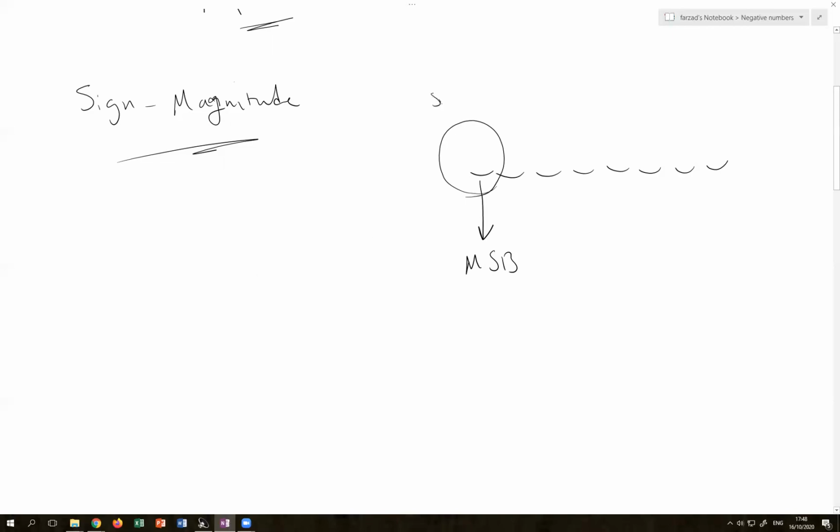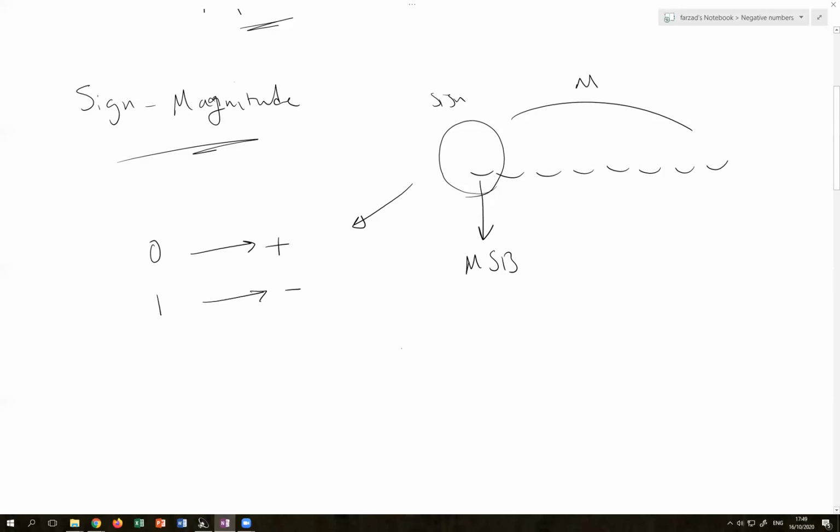Here shows the sign, and the rest shows the magnitude. What does the MSB tell us? If the MSB is 0, that's a positive number. If it is 1, this is a negative number.